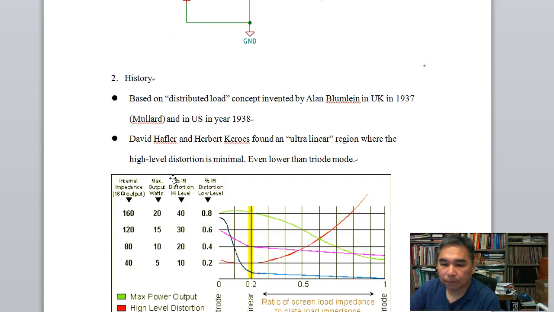This kind of topology dates back to the 30s. It was invented by Alan Blumlein, a very famous engineer in the UK. He patented this circuit in 1937 in the UK, and later in the US in 1938.